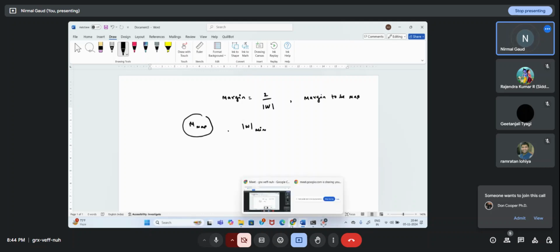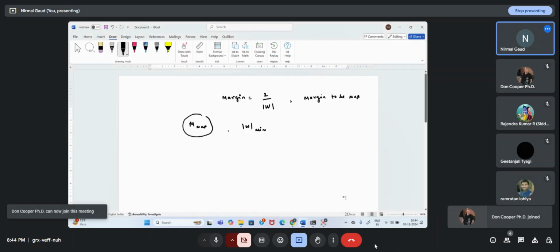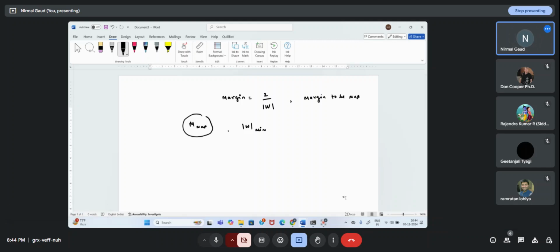All right. So here, in order to perform the optimization, I wrote W minimum for M or margin to get maximum.